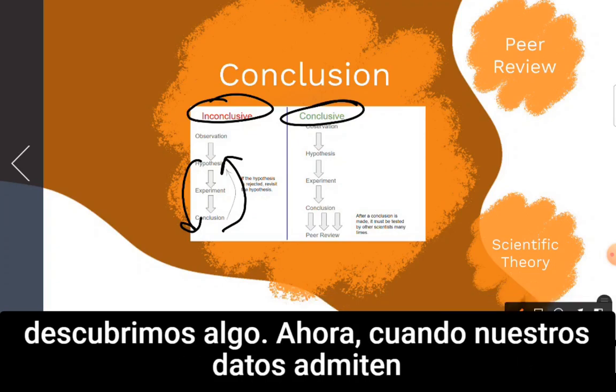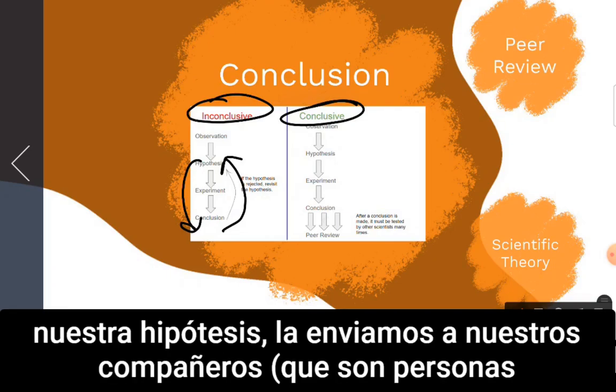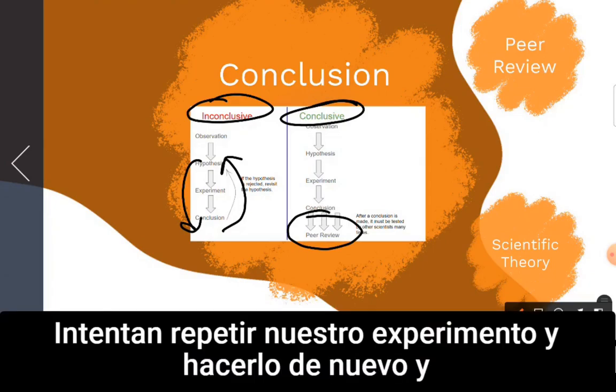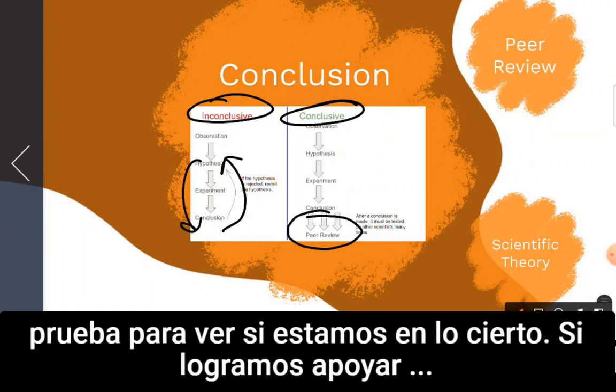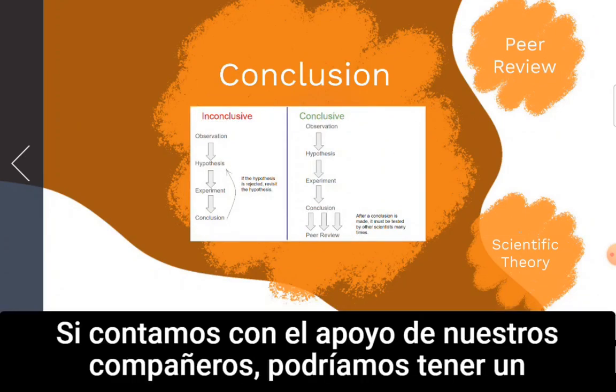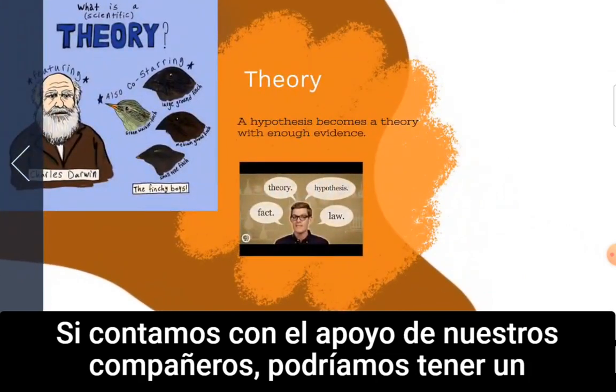Now, when our data does support the hypothesis, we send it off to our peers, which are people that have a similar discipline to us. They try to repeat our experiment and do it over again and test to see if we're right. If we are supported by our peers, we might have a scientific theory.